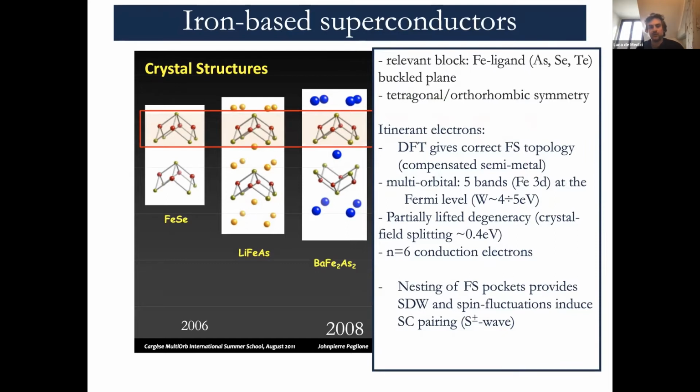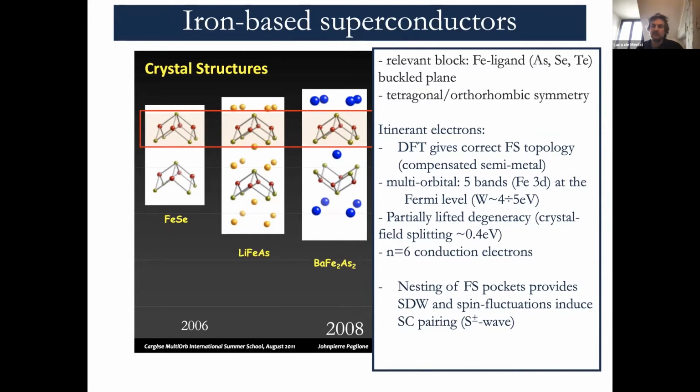The symmetry is always tetragonal or orthorhombic in most cases, and the itinerant electron approaches that we can use to model and understand these materials, through DFT for instance, give the correct Fermi surface topology. That is that of a compensated semimetal with hole pockets in the center of the Brillouin zone and electron pockets on the sides.